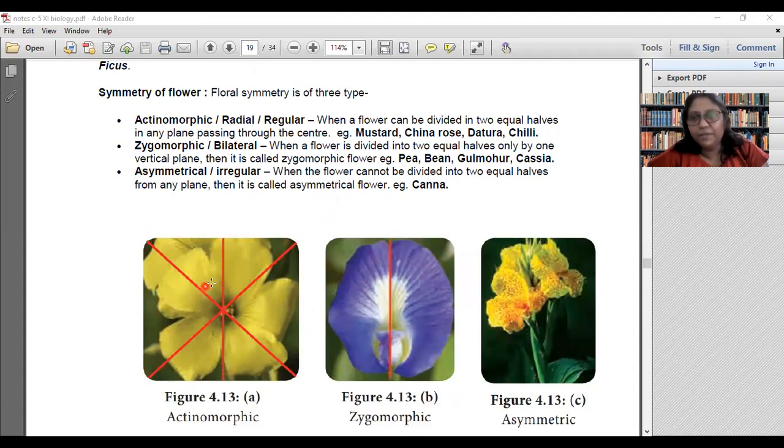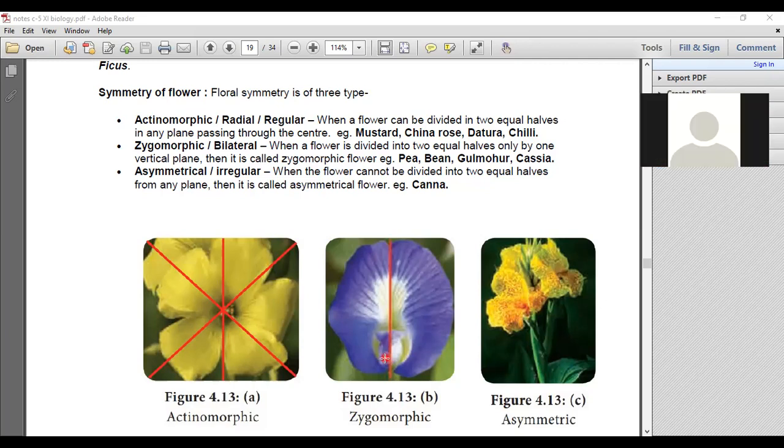So you can compare actinomorphic with radial symmetry and zygomorphic with bilateral symmetry. Never use them as substitute words. They are used for different contexts. That's why ये मत लिखना कि radial symmetry वाला flower, you will get 0 marks. But you can compare them for the purpose of remembering.